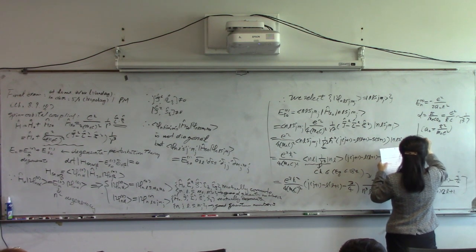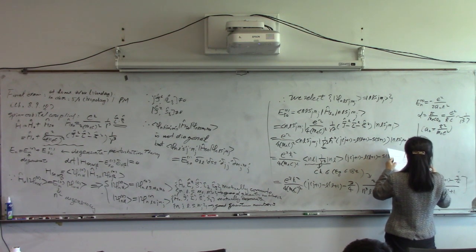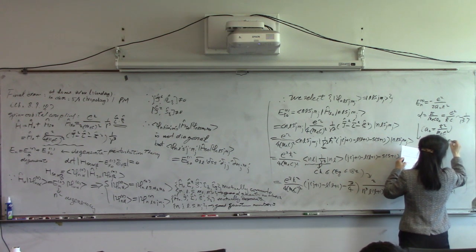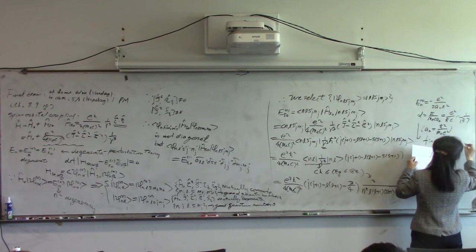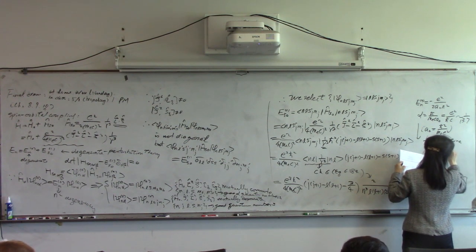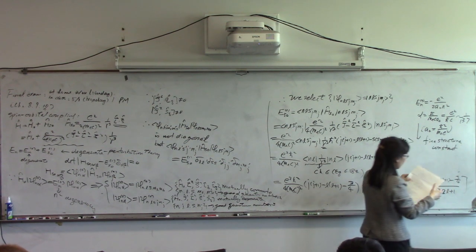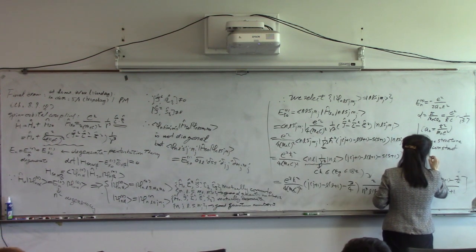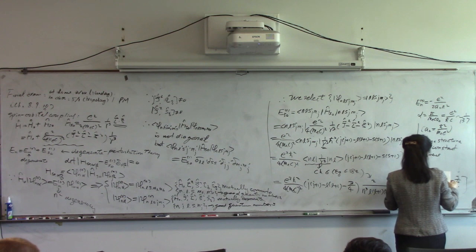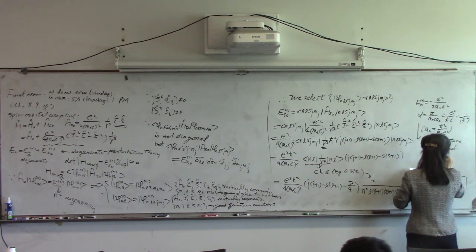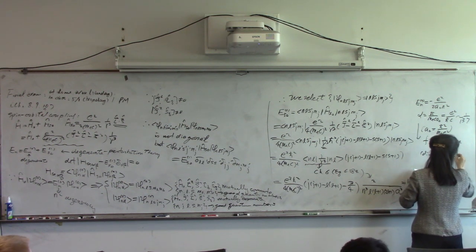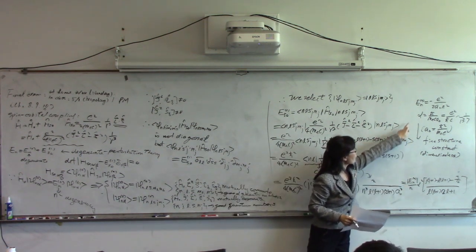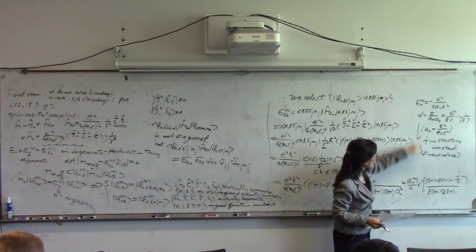Okay, so that alpha we call the fine structure constant. And it's dimensionless.